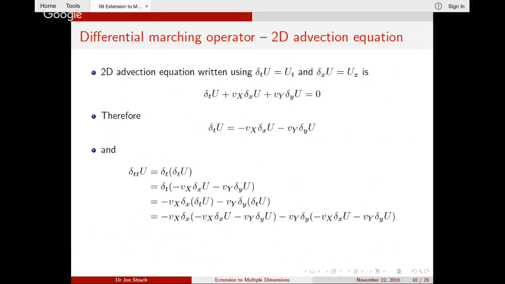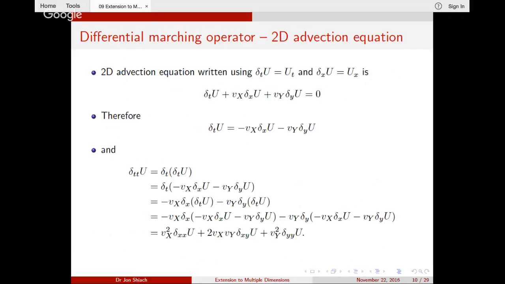Same thing again. If we expand out those brackets, here we have minus Vx times minus Vx, Vx squared, derivative of x applied to the derivative of x is a double derivative. Here we've got minus Vx times minus Vy, so we've got Vx and Vy, and we're going to have the same for this one here.